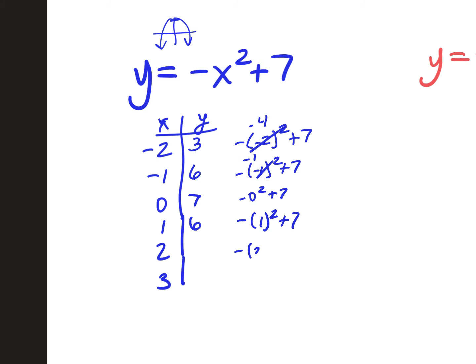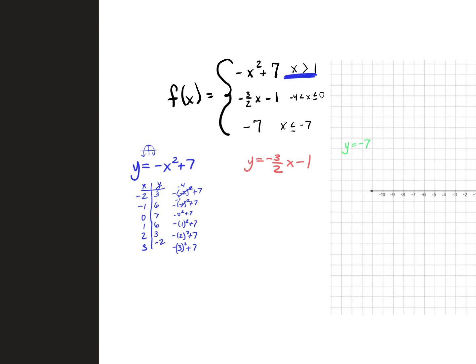I have negative 2 squared plus 7. You have to square 2 first. So it's 4, right? Make it negative. Negative 4 plus 7 is 3. And now I'm going to plug in 3. So I square 3, which is 9. Make it negative. So negative 9 plus 7 is negative 2. Now let's plot these points.